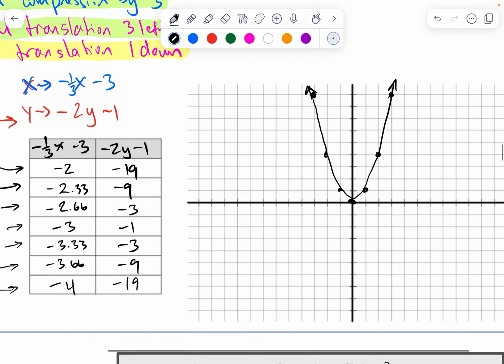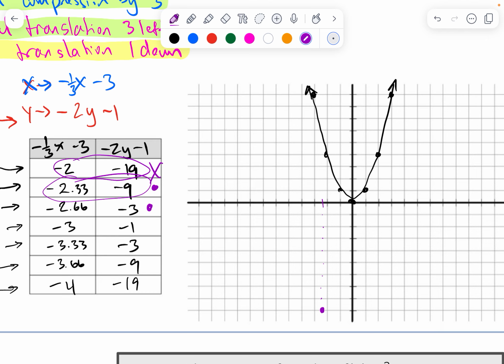Okay, so now we're going to plot these points and see what's happening. So (-2, -19). -19 is going to be way off, so I'm actually going to not plot this one. This one here, -2 1/3 and -9. So -2 1/3 is here, and -9. So that's that first point. Second point, (-2.66, -3).